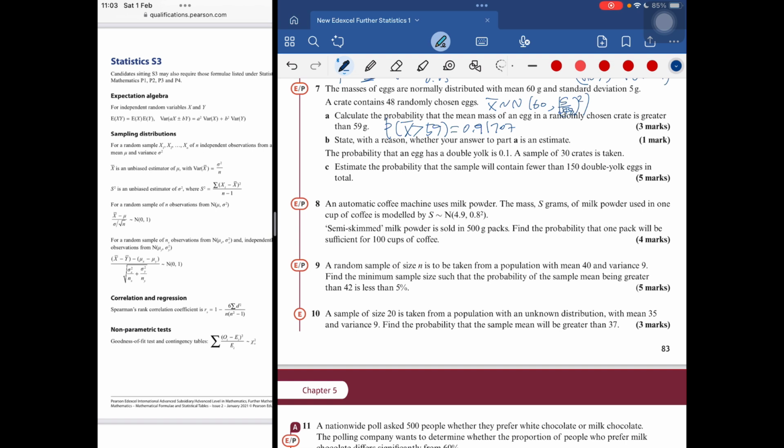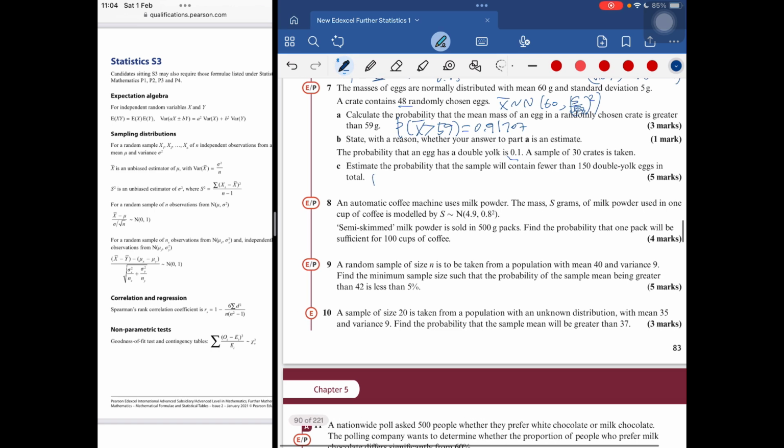Each egg, because now we have 48 eggs in a crate, so this is binomial 48, 0.1. So mu is 4.8, and the variance is 4.8 times 0.9, which is 4.32.